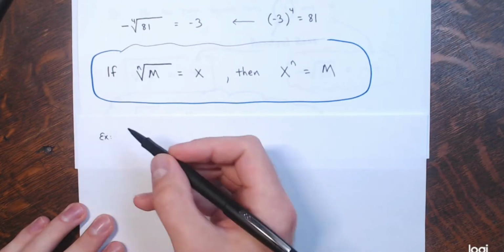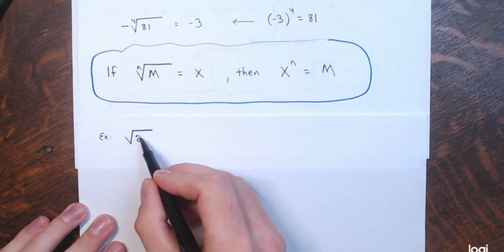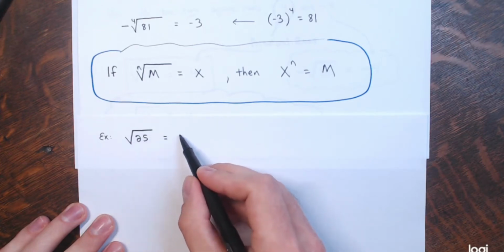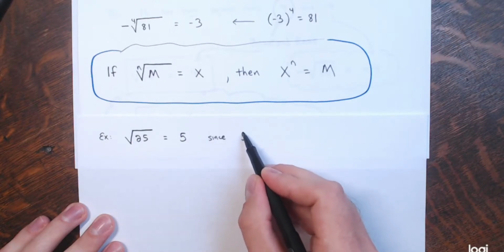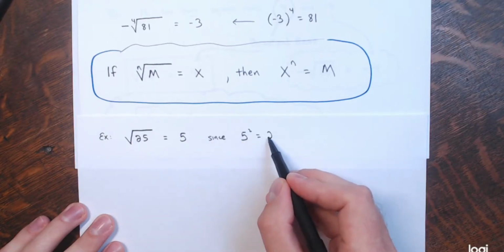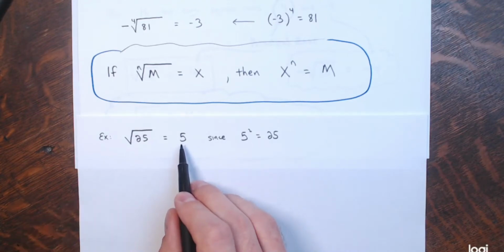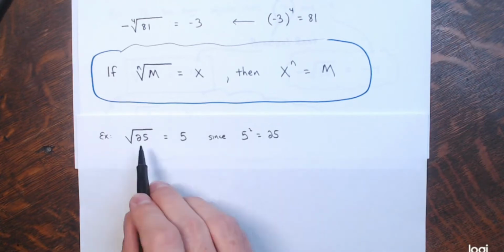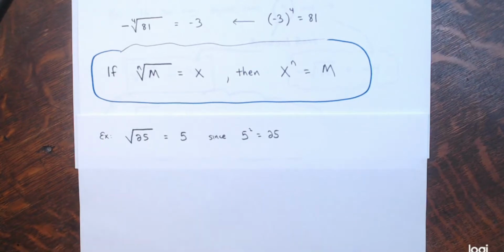The square root of 25 is 5, and that's because 5 to the second power is 25. Not negative though. I know that negative 5 squared is also 25, but we're asked for the principal square root when you see the symbol. I can't say it enough.